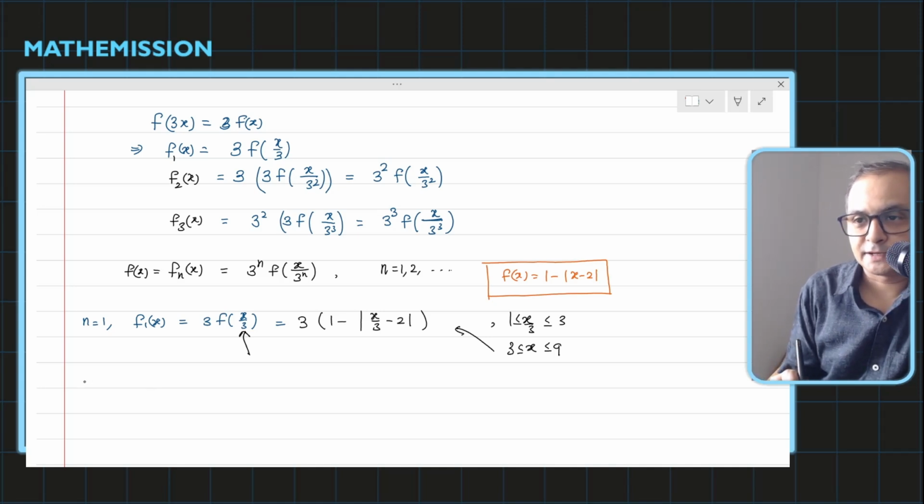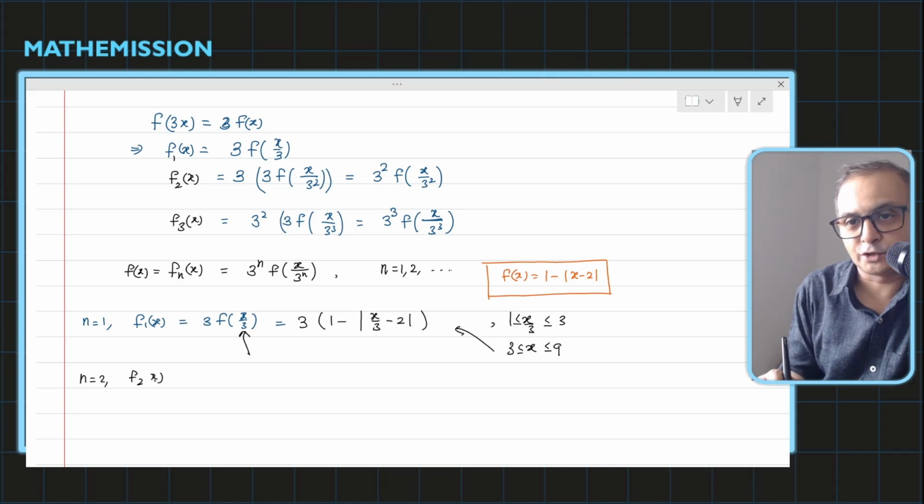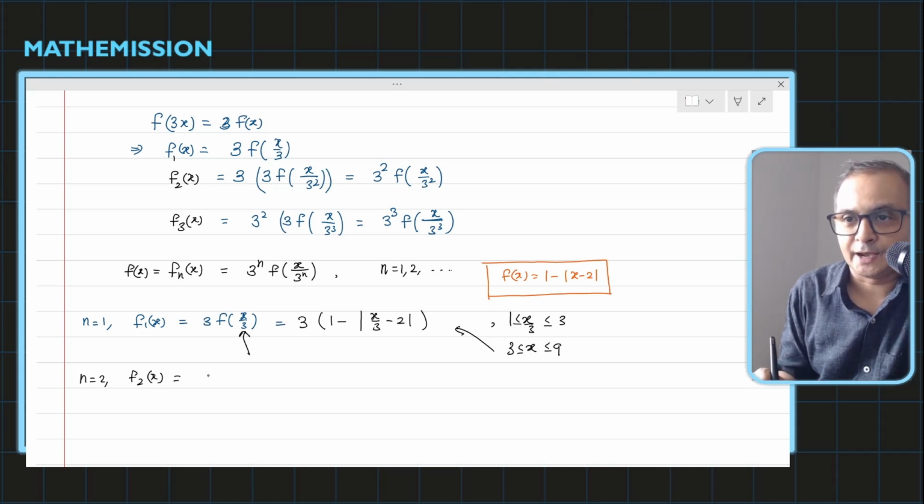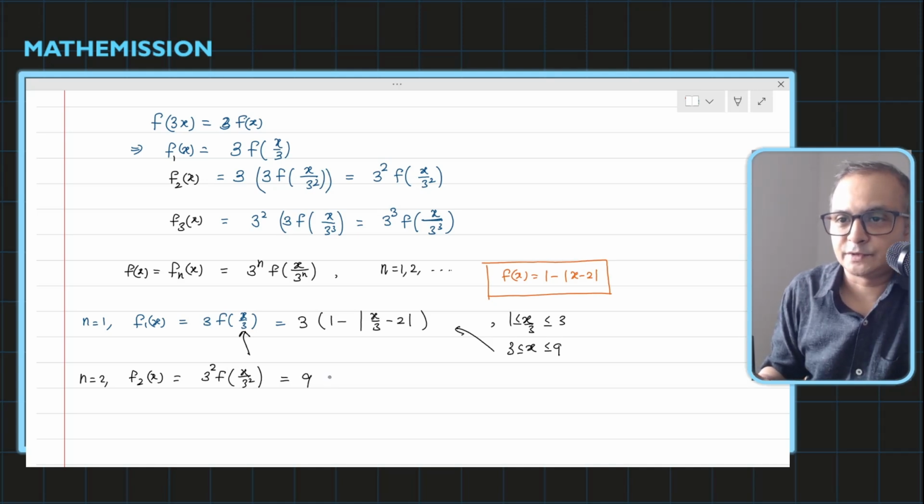In the same way, let's define n is equal to 2, and you can understand what I want to say. It will become now 3 square times f of x by 3 square. So 9 times f of x by 9. But now the problem is, again, x by 9 we have to use by the definition from 1 to 3.